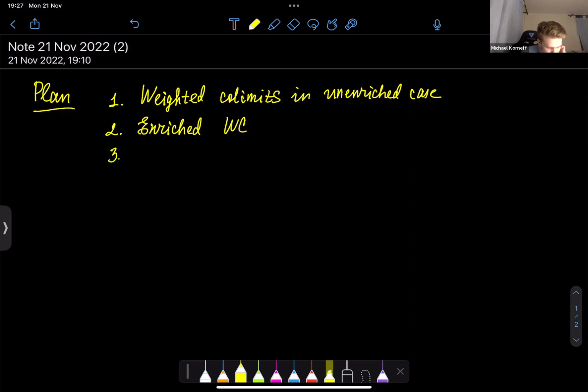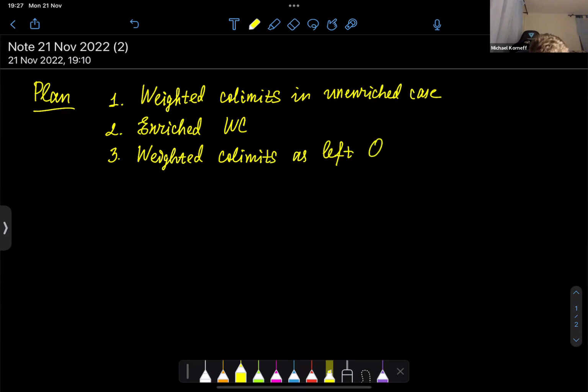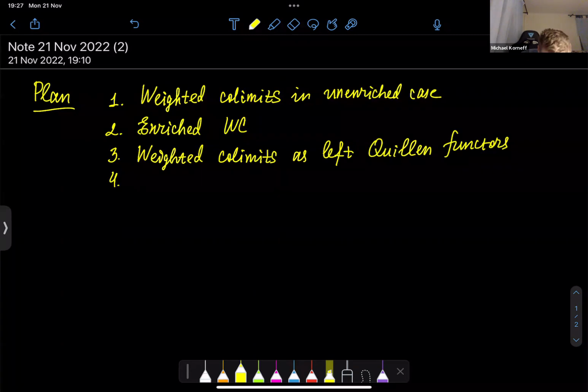The third one is weighted colimits as left Quillen functors. And the last point, I think we will start to talk about Reedy model structures.